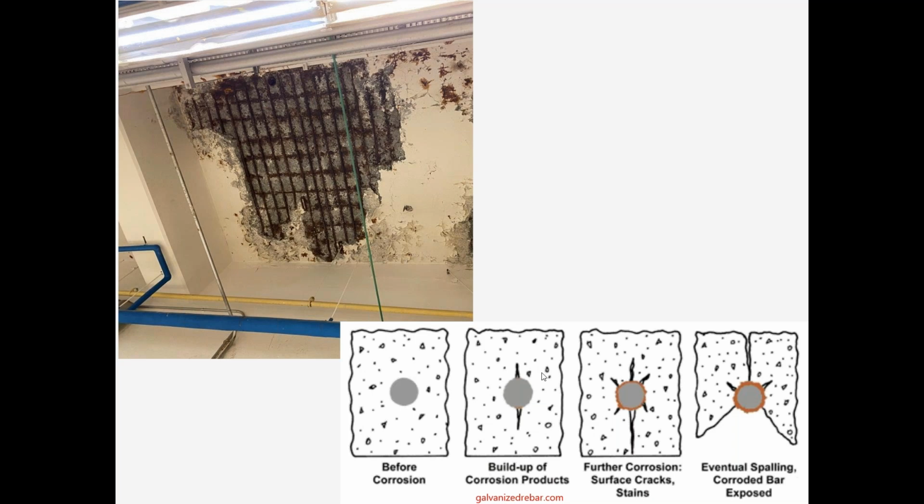So it creates all of these radial cracks from tensile stresses as the reinforcing steel expands from the corrosion. When you've got all of these in a line together on the same plane, you get all these radial cracks. Eventually they all connect, and you get a big chunk that initially was delaminated, and then it falls off and becomes a spall.